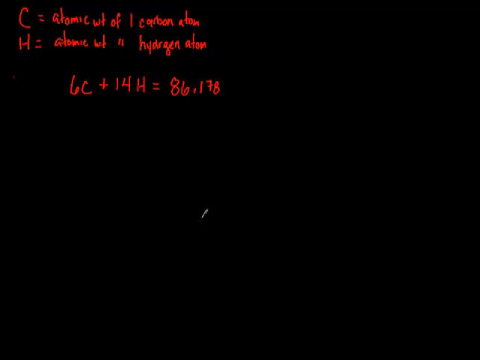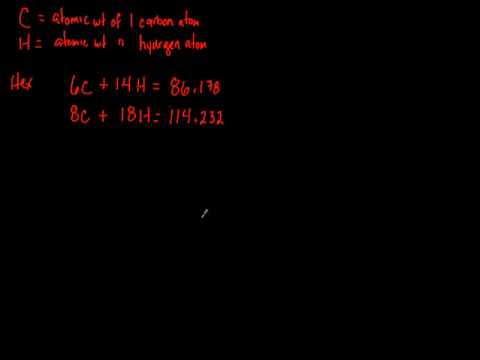And again, that was for the hexane compound. For the octane compound, it was a different makeup. It was 8 carbon atoms chemically combined with 18 hydrogen atoms, and that gave a molecular weight for a molecule of octane, the number 114.232, and those are measured in grams per mole.